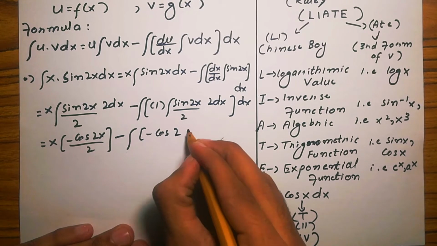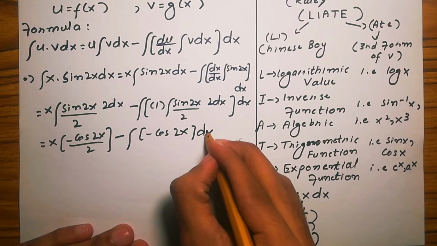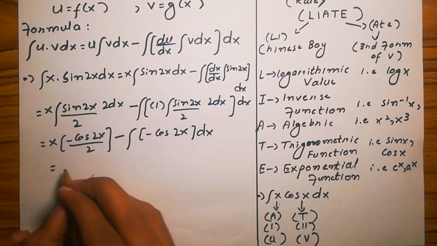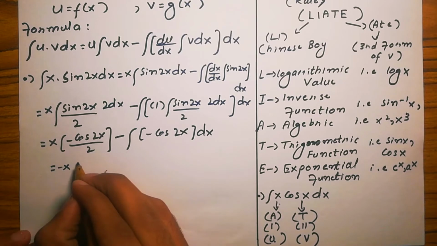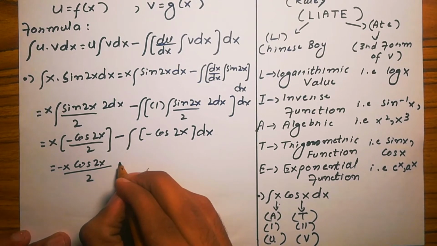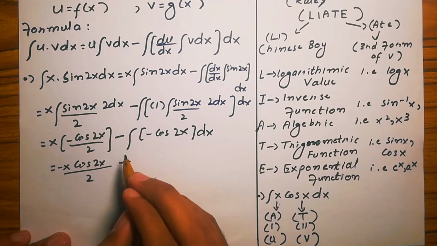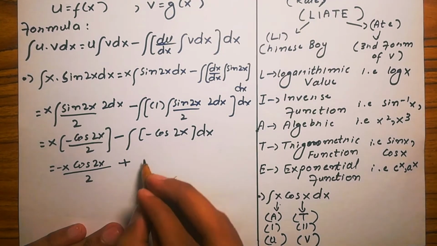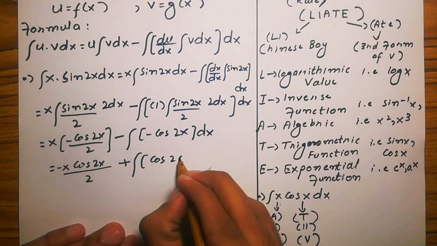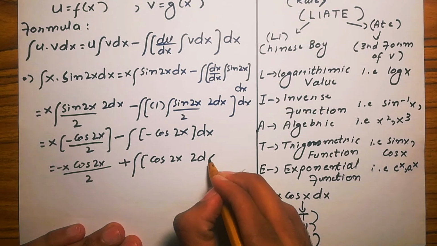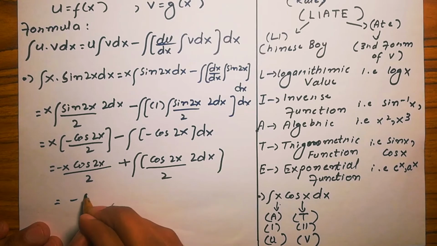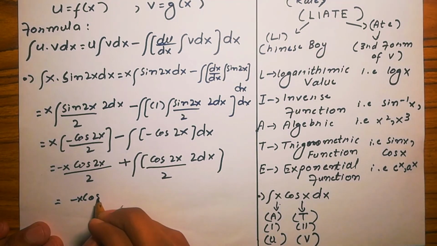Cos 2x dx: to integrate this we again multiply and divide it with 2, so it is cos 2x upon 2. The minus sign will come outside, and for this we again multiply and divide with 2, so it will become minus x cos.